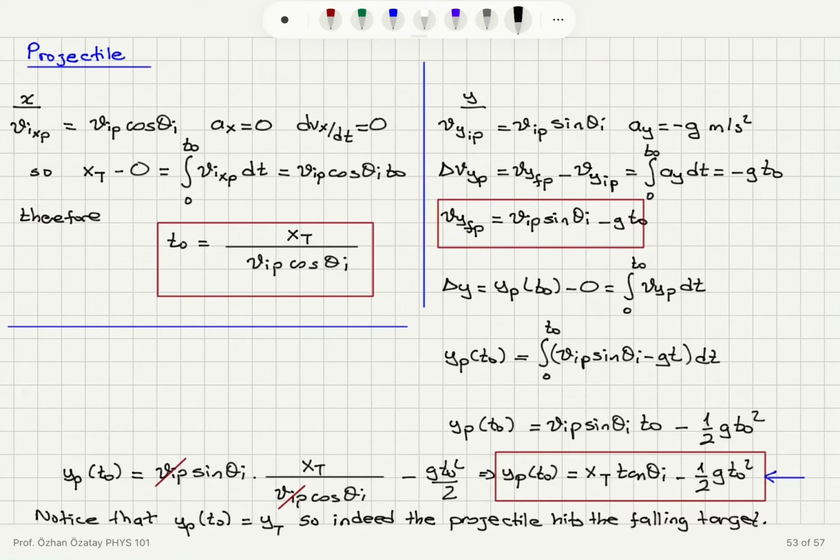Then we analyzed the motion of the projectile. We looked at its x component of velocity, and it's going to be a constant because there is no acceleration on the x-axis, and that gave us an expression for t0, the time of collision.